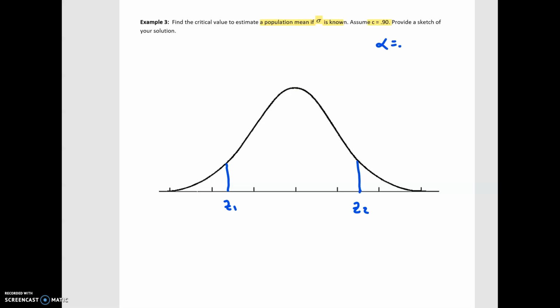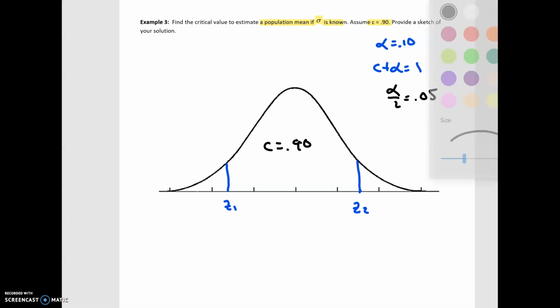The value of alpha is equal to 0.10. Remember that c plus alpha is equal to 1. So in this case, c is equal to 0.90. The value of alpha divided by 2 is half of alpha, so 0.05. So let me shade the actual tails.